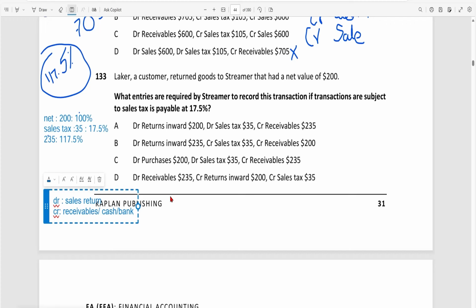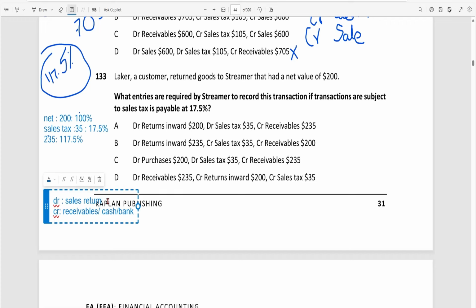Here we also have a sales tax, which we booked earlier when the customer purchased the goods.